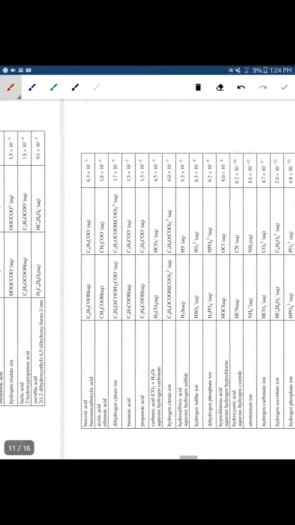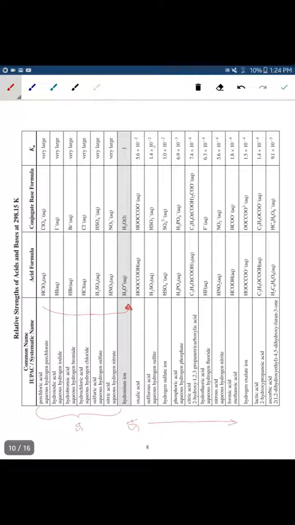So I then like to take a look at my Ka values and just make sure that I see that anything that has a relatively high number, so 5.6 times 10 to the negative 2, is larger than 9.1 times 10 to the negative 5, for example. That helps me identify some of these values and understand that they are ordered in this particular way, where my strongest acid is at the top and my weaker ones towards the bottom.